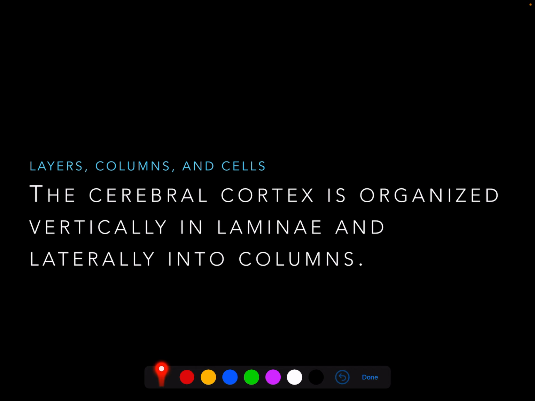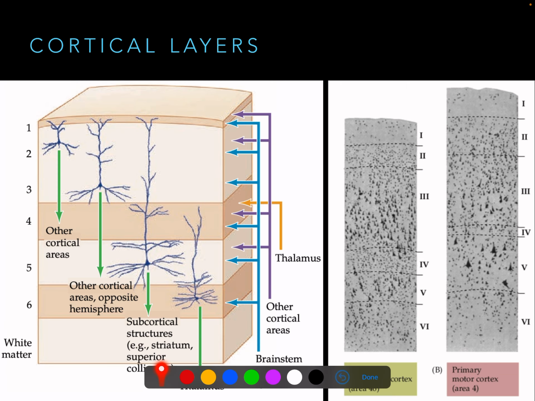No matter where you are in the cortex, you've got pretty much the same cells, the same number of layers, the same wiring. So we have these basic functional units that we call cortical columns, and the only thing that differs between them is who they are getting input from and who they are talking to. But no matter where you are, it's the same 6 layers. And we see pretty much the same pattern of organization.